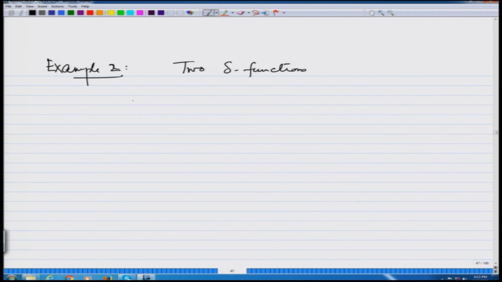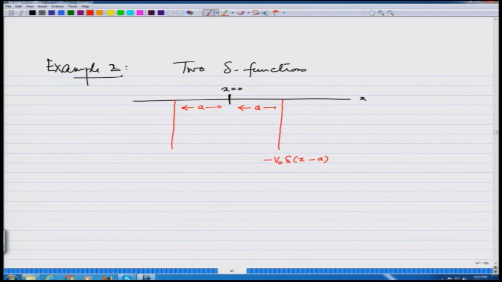So, in this case I have the x axis, this is x equals 0, and to make the problem simple, I will put the delta functions symmetrically about x equals 0, and both are the same: minus V 0 delta x minus a, and minus V 0 delta x plus a. So, again the potential is symmetric, V minus x equals V plus x, and therefore, the solution is going to be either symmetric or antisymmetric.